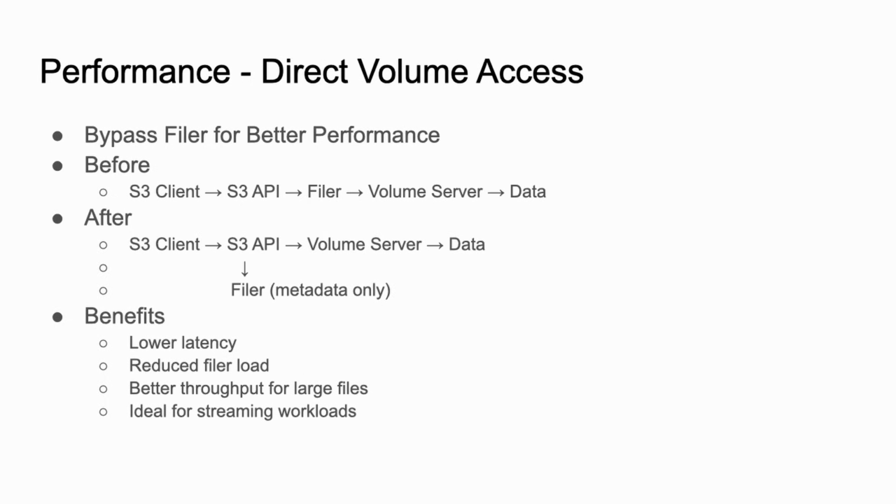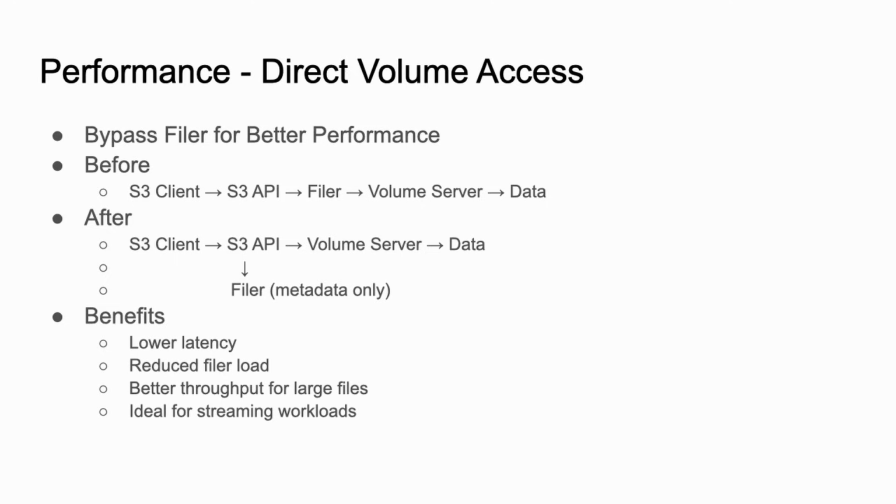For SeaweedFS, the S3 component has a very major architectural change. Before, S3 clients would go through the S3 API web server, then go to the filer, then go to the volume server for the data.